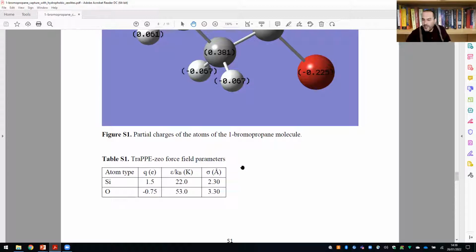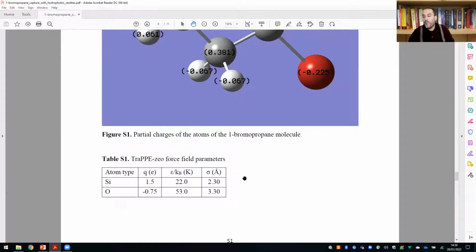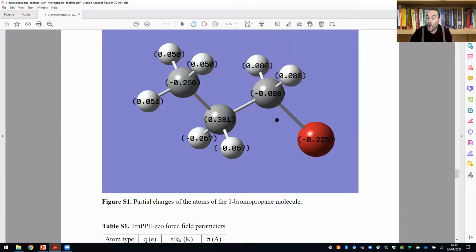But there are force fields which allow explicit, flexible treatment of zeolites. It also depends on the molecule, whether flexibility is important or not. It also depends on the type of sorbate, like in this case, 1-bromopropane.